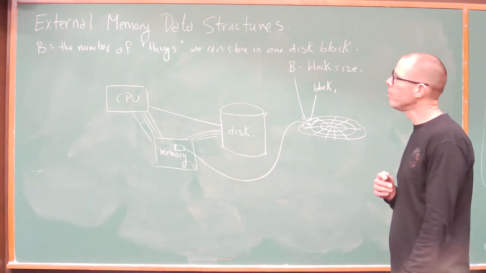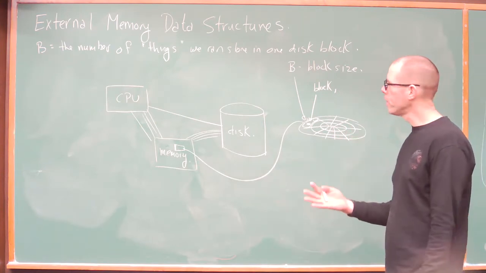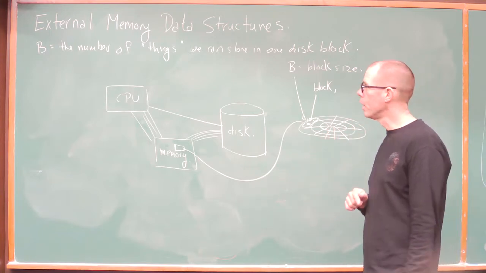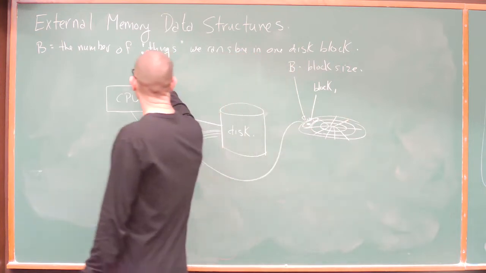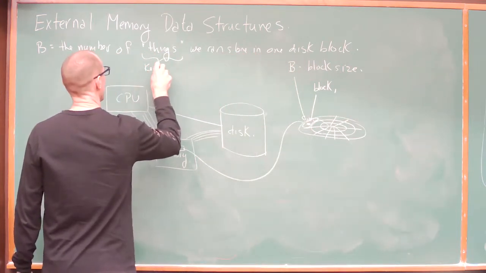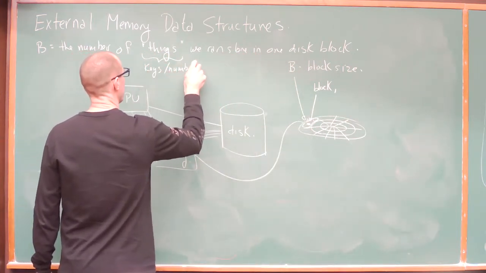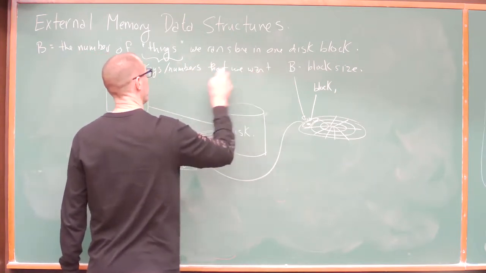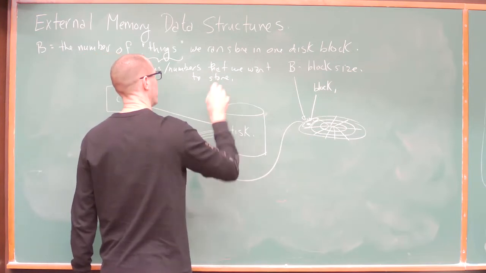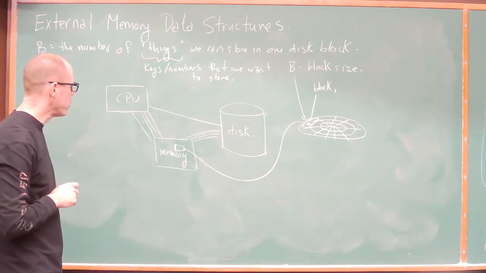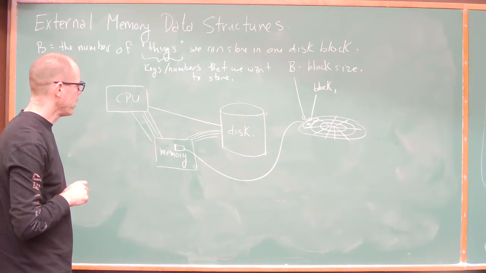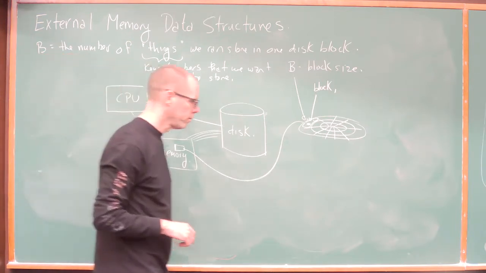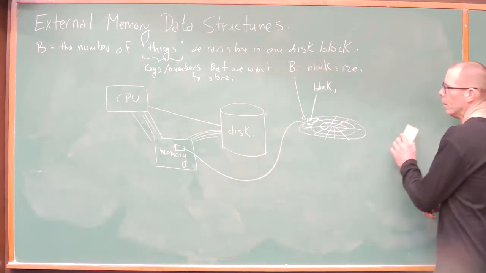And when I say find, I mean either find the value if it's stored in the set, or if it's not stored in the set, find the smallest value which is larger than it. So things, these would be the keys or numbers that we want to store. I'll probably just say numbers from this point on, and so a block can store B numbers.